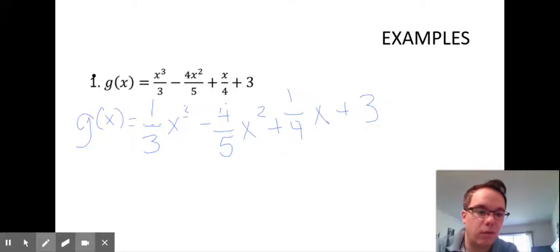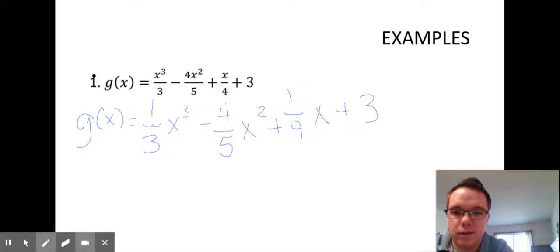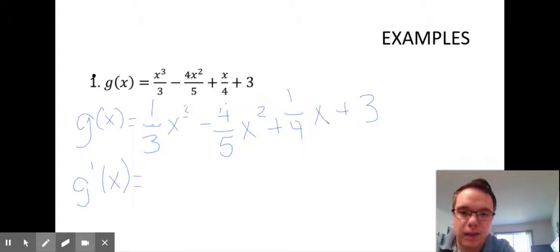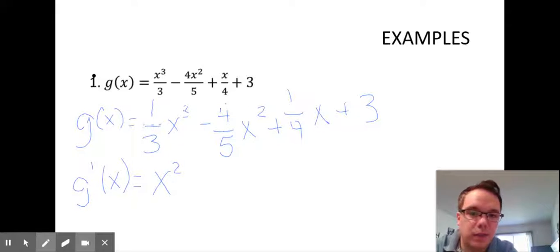So now we're ready to use our rule from yesterday to find our derivative. For the derivative of g of x, we take that 3 and pull it down out front and multiply it: 1/3 of 3 is 1, so we're going to have 1x, or just x. And then 3 minus 1 is 2. So the derivative of 1/3 x cubed is x squared. Moving on to our negative 4/5 x squared, if I bring my 2 down out front and multiply it out, I'll get minus 8/5 x, and then 2 minus 1 is 1, or x to the first.